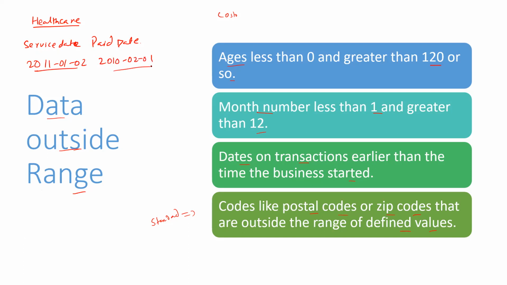This is completely wrong, because a person is taking service in 2011 but paying in 2010. This is also an example of data outside range. Such things happen, so we need to explore our data and check whether it is outside a certain range.